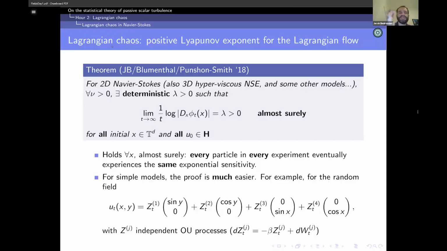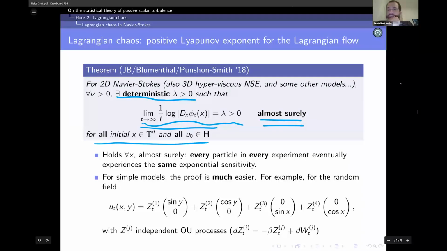What it says is that there exists a deterministic number, it's very important that this number is deterministic, such that you get this kind of asymptotic exponential growth. This asymptotic exponential growth holds almost surely and for all initial conditions. So there's an initial particle x, and you study the gradient of the flow map, the derivative with respect to the initial condition x.